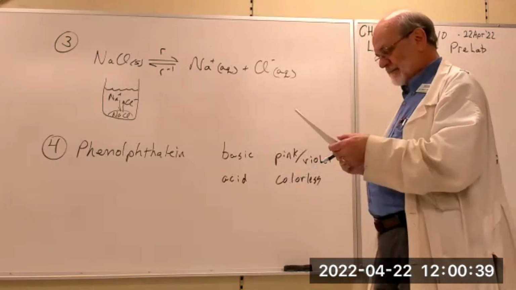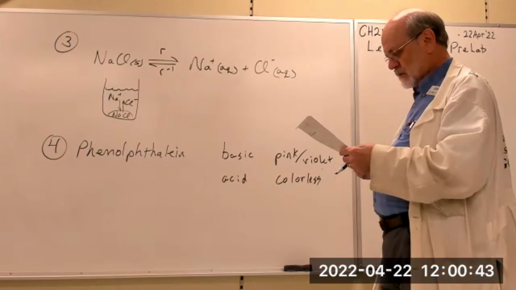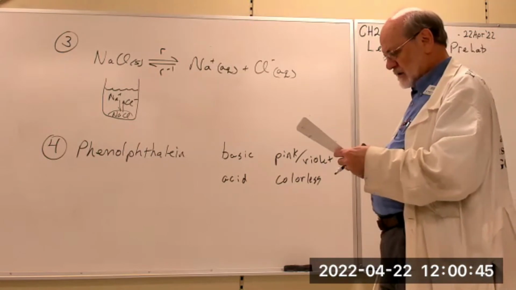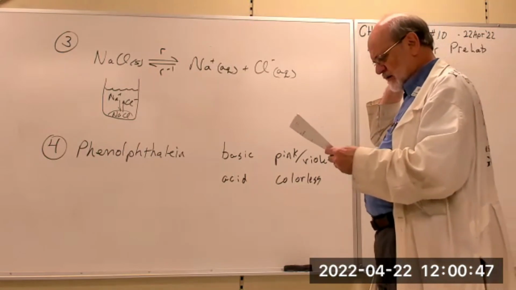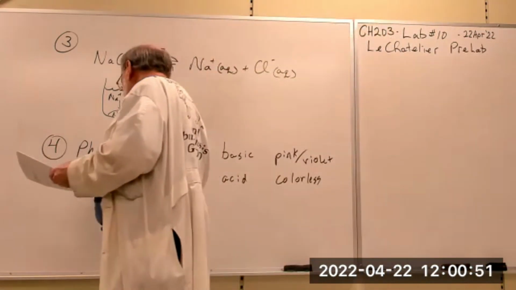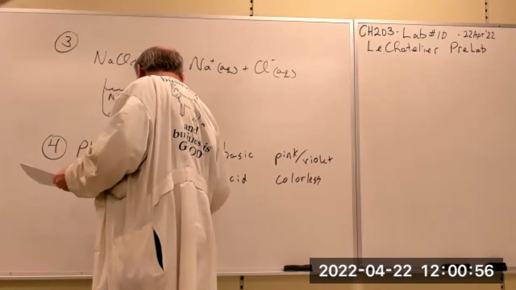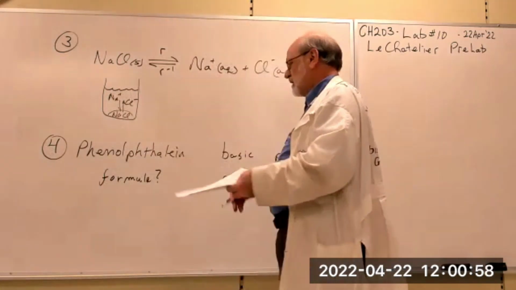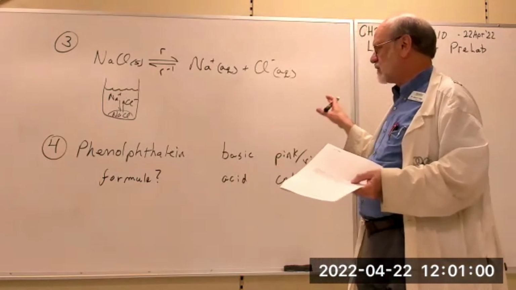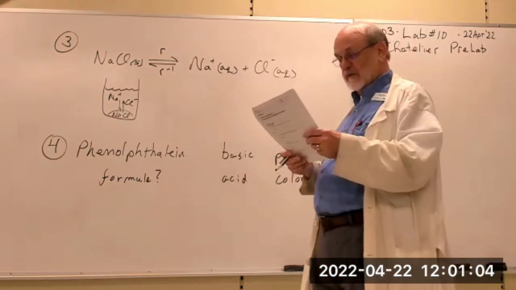Okay. Use an encyclopedia to find the formula of phenolphthalein. So you've got to find the formula. I'm going to let you guys do that. Formula. Right. So it'll have carbon, hydrogen, probably some oxygen. You just write the formula, whatever it happens to be.